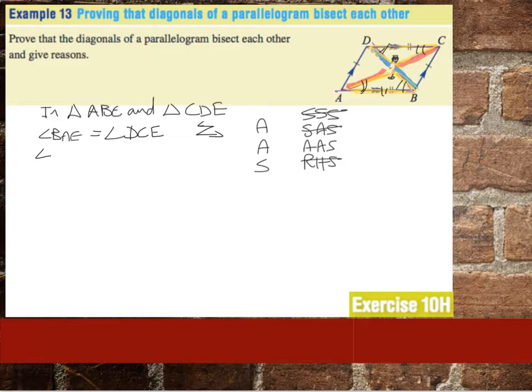Then the other angle is going to be angle B. So I'm going to say angle ABE. I'm talking about this angle here, angle ABE is the same as angle CDE.